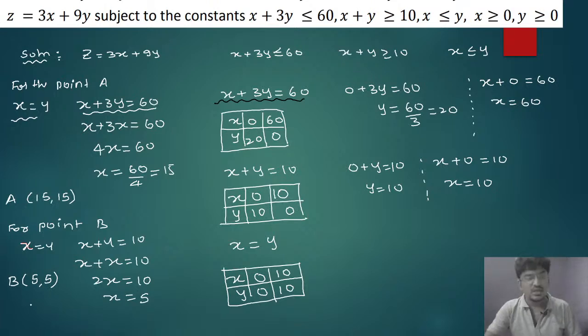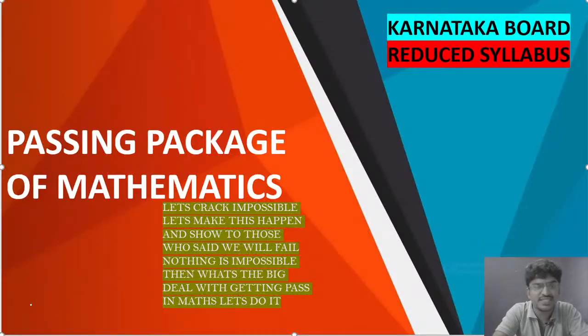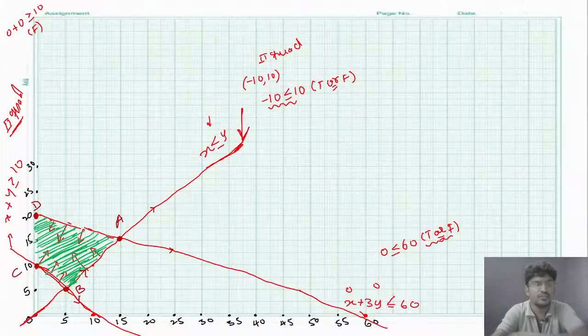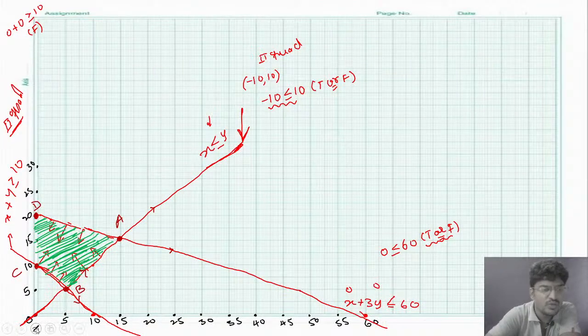Clear? So point A is 15 comma 15. Point B is 5 comma 5. You can see point C here only. Tell me what is point C. Point C will be x is 0, y is 10.